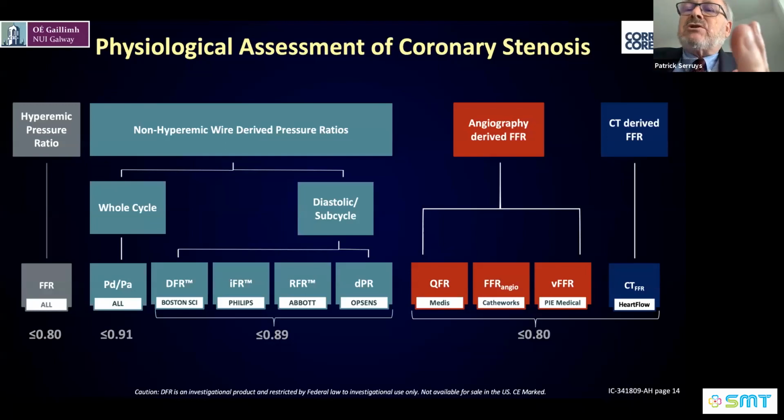Each company, Boston Scientific, Philips, Abbott, and Opsens, has created something. That's for the pressure wire. In red, you have the angiography-derived FFR. Basically, today there are three well-established companies in the field: Medis with the QFR, CathWorks with the so-called FFRangio, and Pie Medical with the virtual FFR. And then on the left-hand side in blue, you have the multi-slice CT scan, and that's the FFR-CT of HeartFlow. Now, let's look at the next slide.